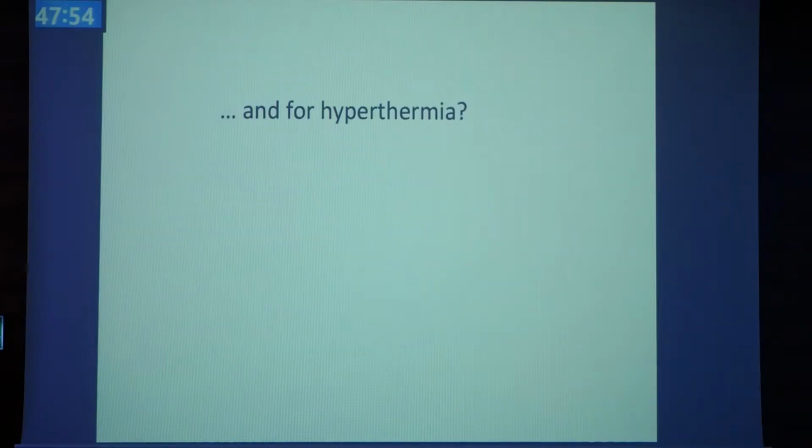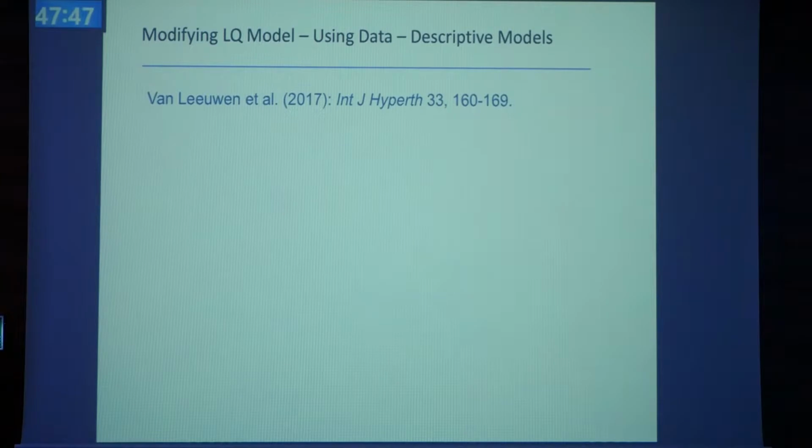But this is radiation. What about hyperthermia? Van Leeuwen and colleagues from the AMC in Amsterdam introduced a very nice concept, taking the equivalent dose concept. The idea is that in the linear quadratic law, we can assume alpha and beta as functions of temperature and the time interval, or time gap, between heating and radiation.